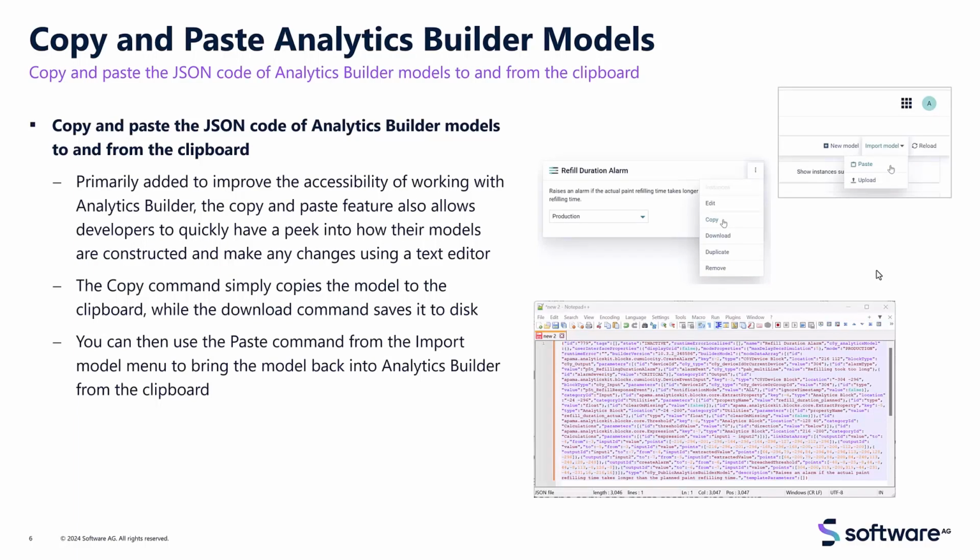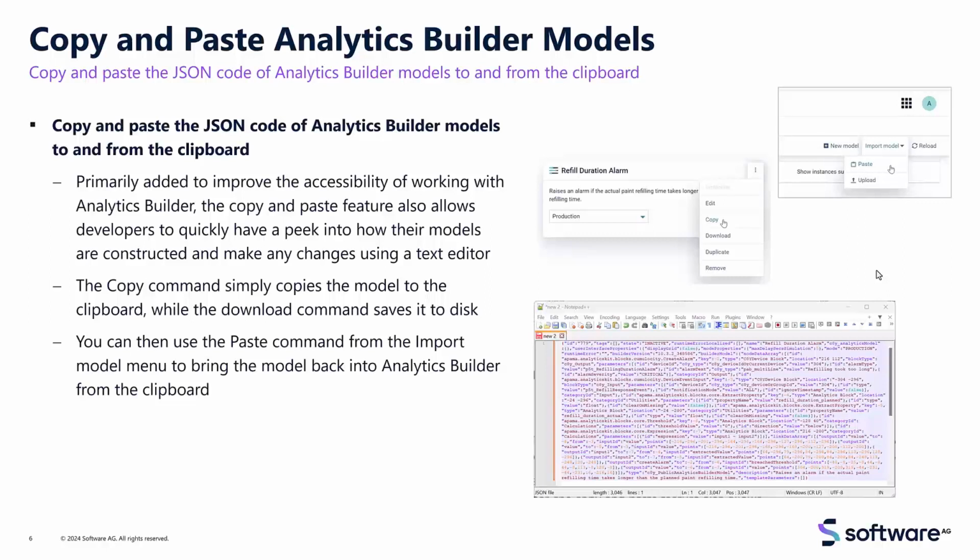There's a new addition for Analytics Builder primarily to help with accessibility. If you are struggling to read an Analytics Builder model visually on the screen, then you can copy and paste the JSON code to a clipboard and then view that in a notepad, a text editor or a JSON editor.